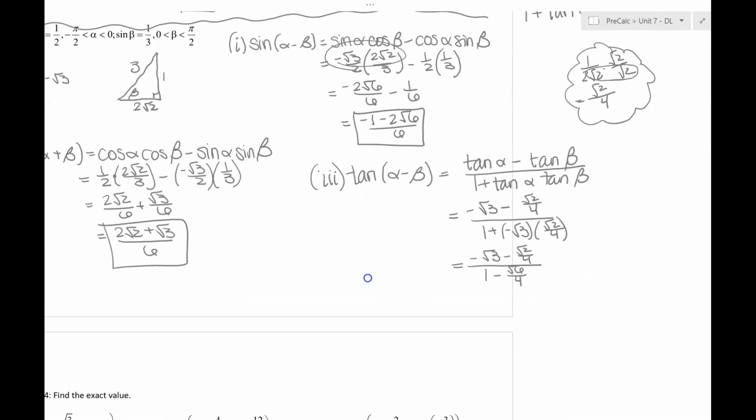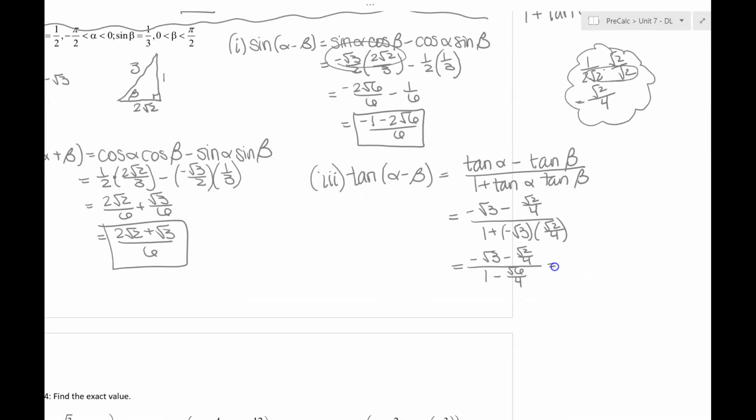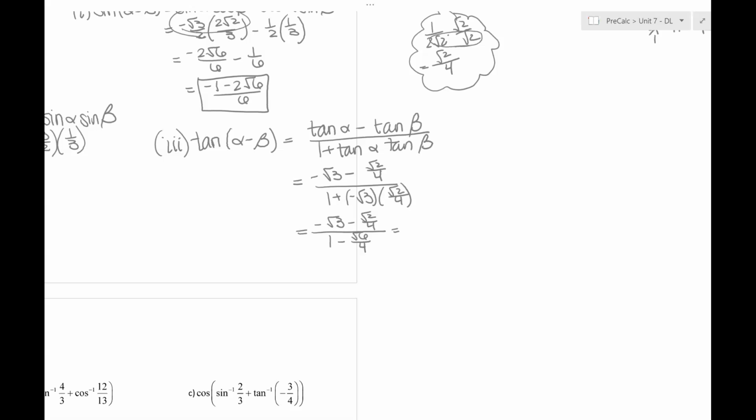Okay, so I'm going to do something a little funky here. I'm going to go ahead and get common denominators. So in the numerator, I'm going to have negative 4 rad 3 minus rad 2 all over 4 being divided by 4 minus rad 6 all over 4.